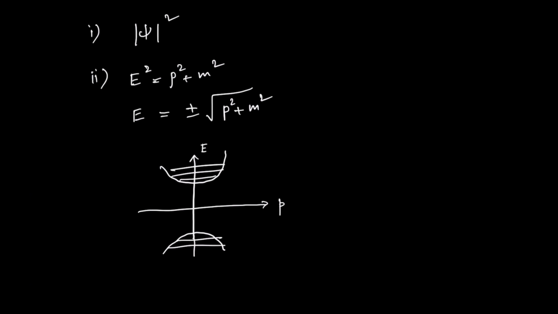And there is a non-zero probability for a particle to go from high energy to low energy. This can be infinitely negative and can lead to instability. Even if you can address these problems, there is one more fundamental issue in relativistic quantum mechanics that will not make any sense.